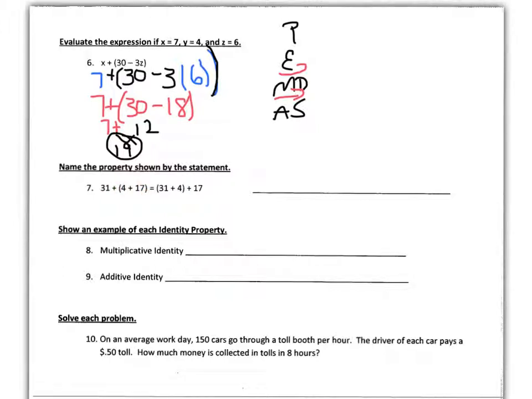Over here they changed it. It's not 4 and 17 anymore. Now it's 31 and 4. So they changed who they associated with. So that means it's the associative property of, and in this case it's of addition.